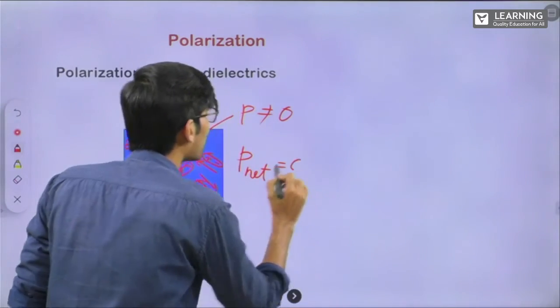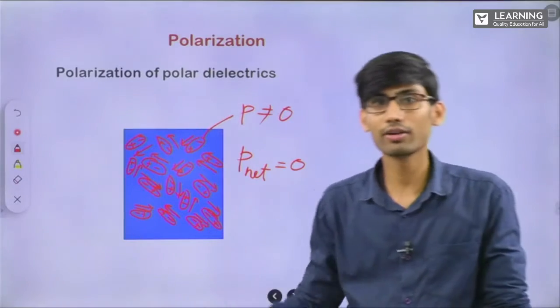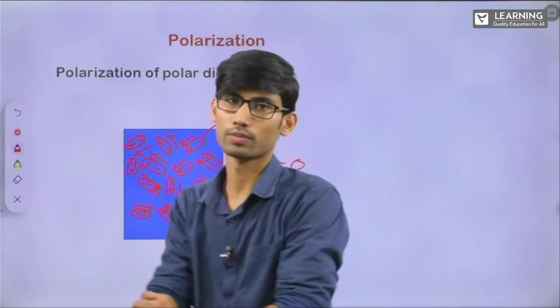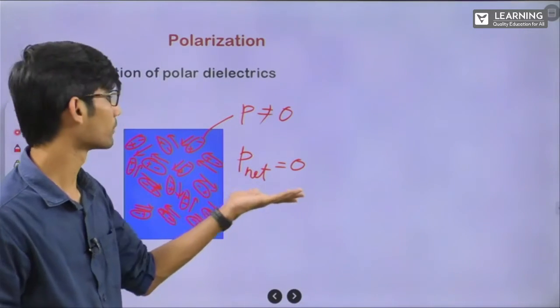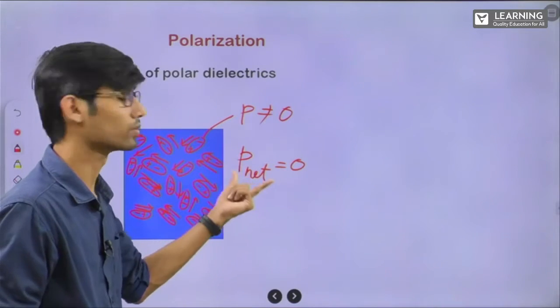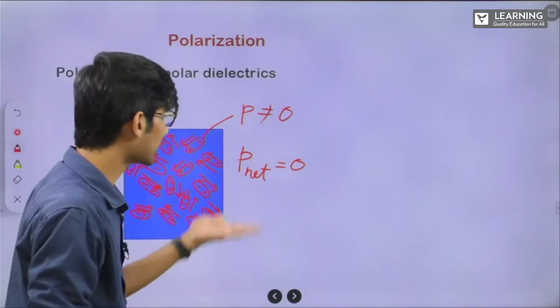Why? These molecules will arrange themselves in such a way that the net dipole moment comes as zero. Fine. P net of this entire material is zero. That is why it is dielectric.